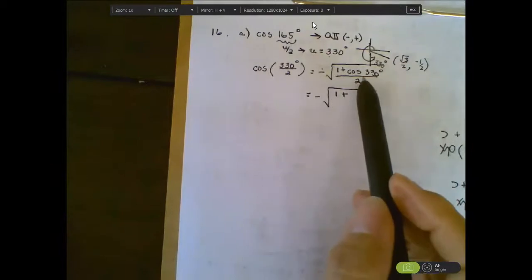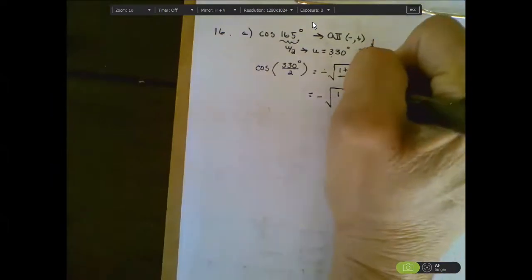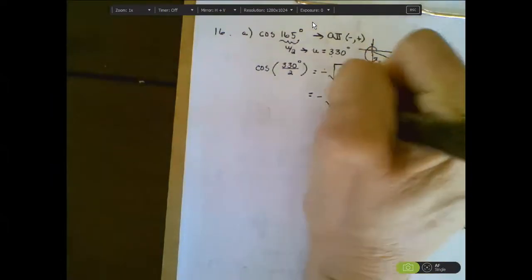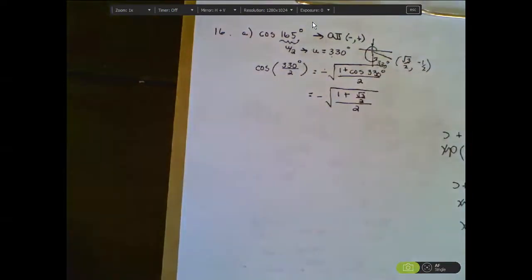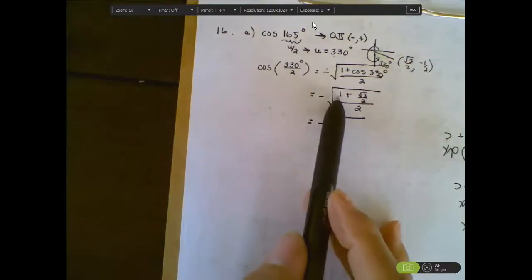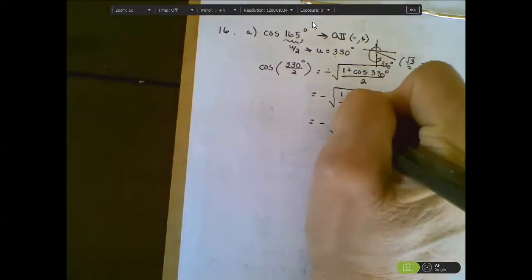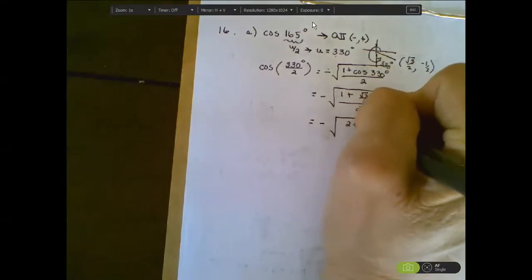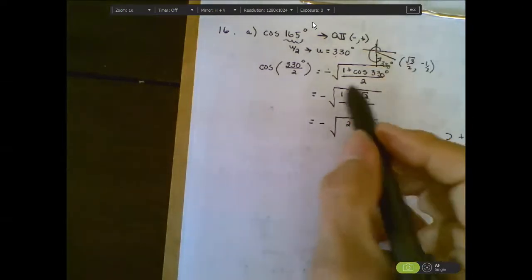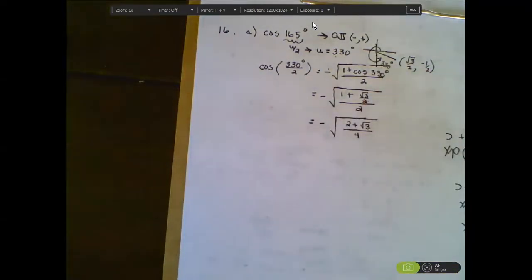And cosine of 330 degrees is square root of 3 over 2. That just means this answer is going to be pretty ugly, a radical under a radical. If you wrote that 1 as 2 over 2 and got a common denominator, you'd have 2 plus square root of 3 over 2 in the numerator, and then when you divided that by 2, you'd have 4 in the denominator.